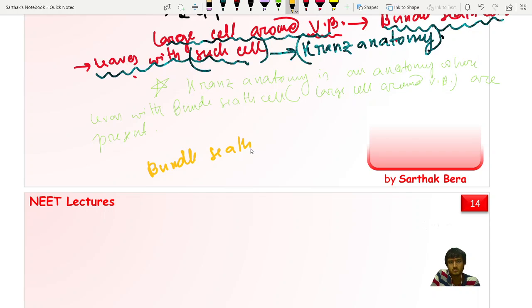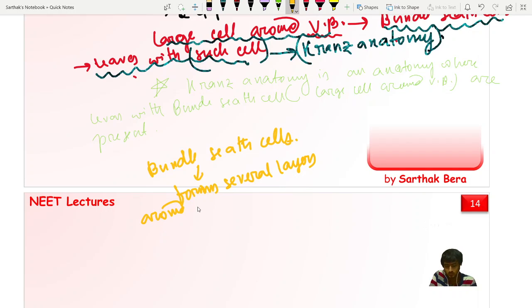The bundle sheath cells form several layers around the vascular bundle.